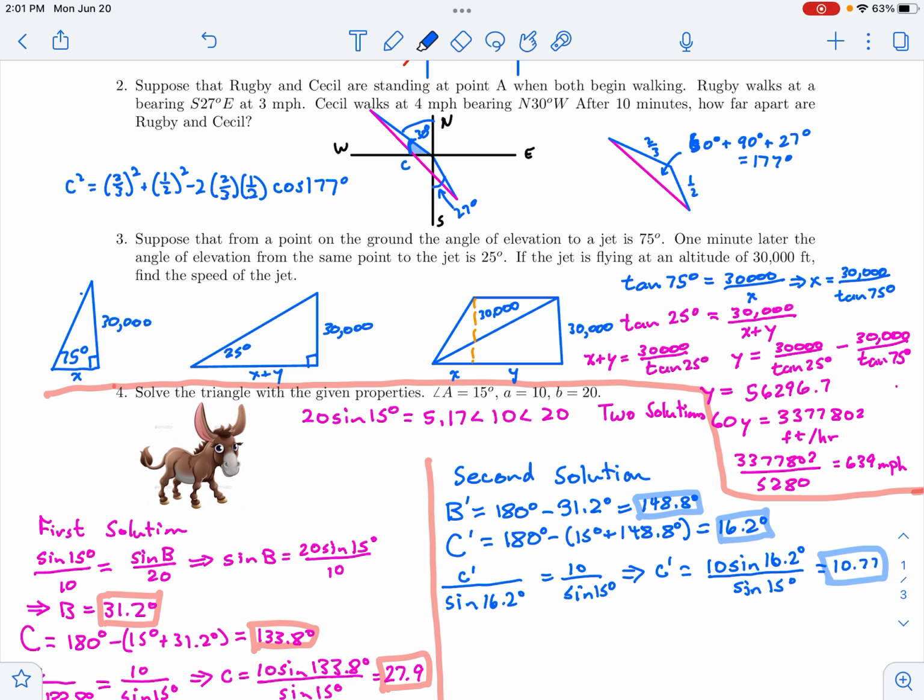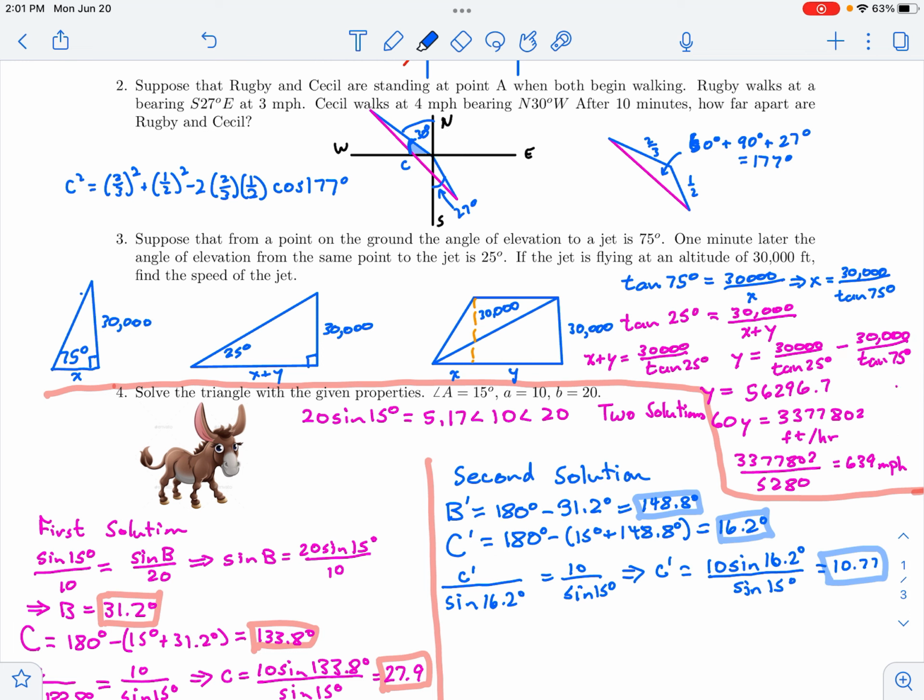Okay. Now, I just do a little bit of algebra, and I get that y equals 30,000 over tangent 25 minus x, but my x is 30,000 over tan of 75.